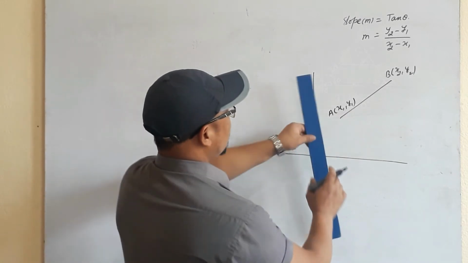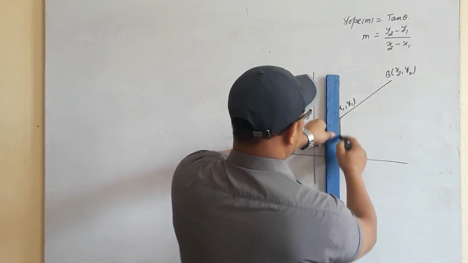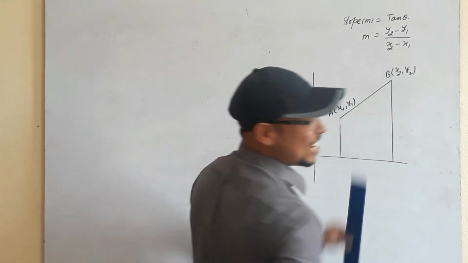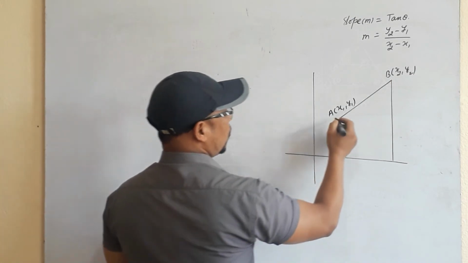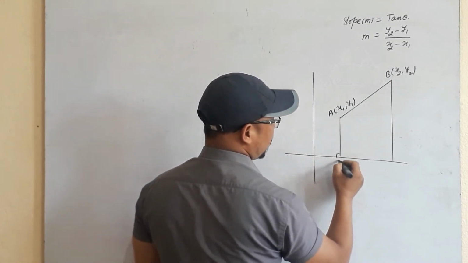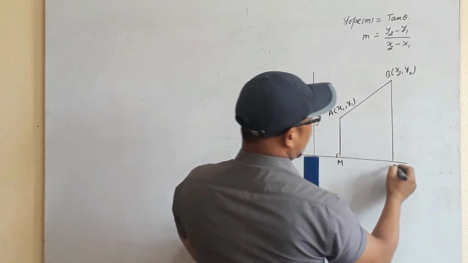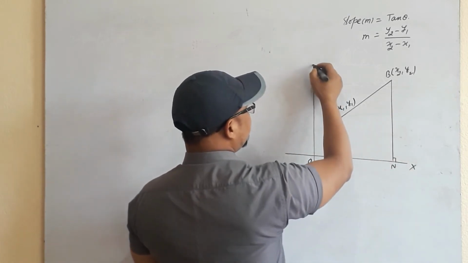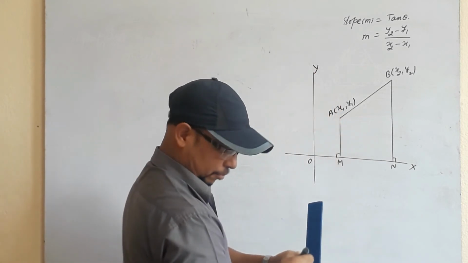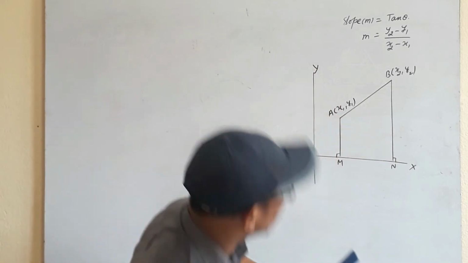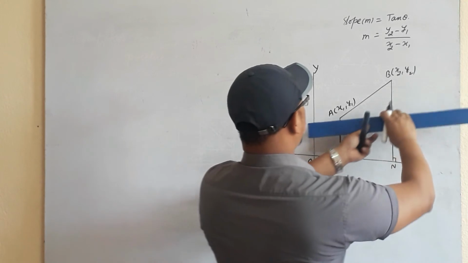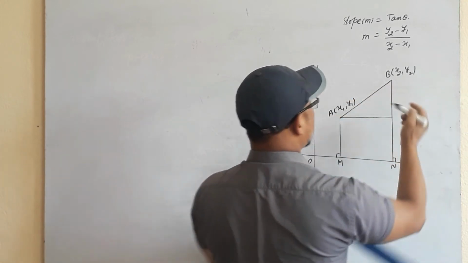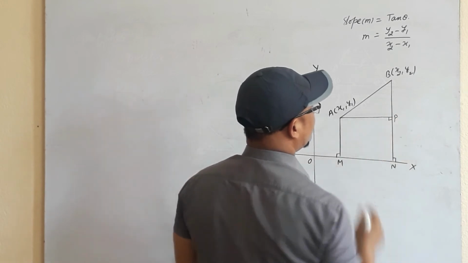For this, let us draw perpendiculars here, similar to what we did before for finding the distance formula. Let us suppose AM is perpendicular and BN is perpendicular. Now from A you can draw another perpendicular line, AP, perpendicular here.